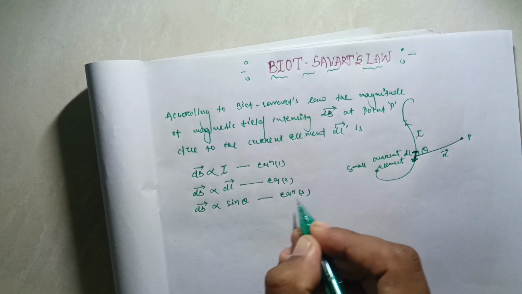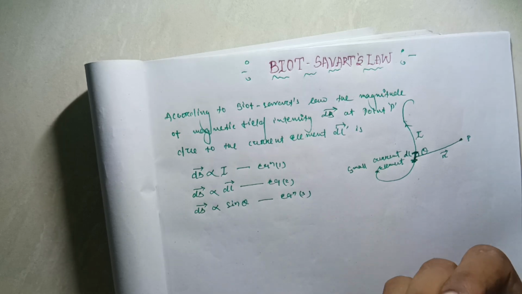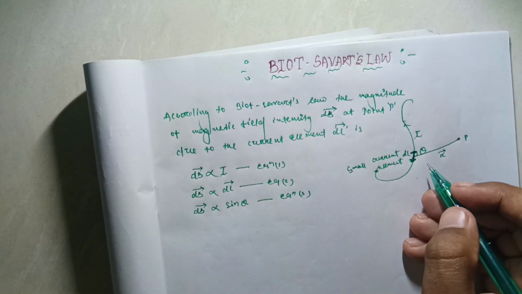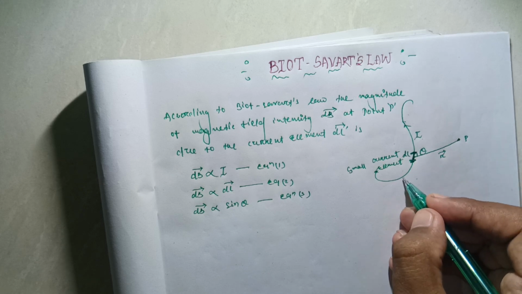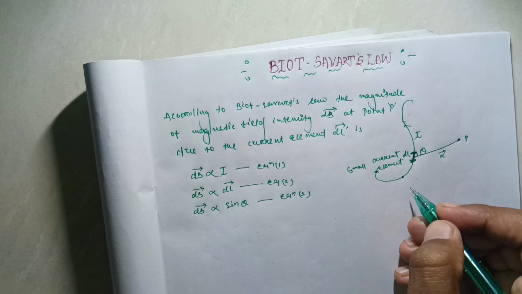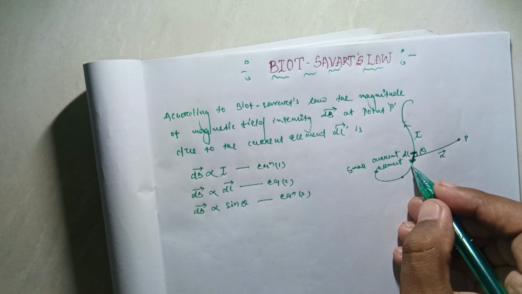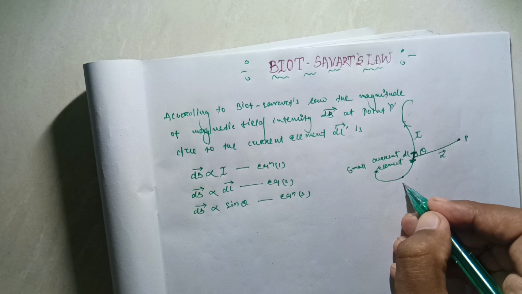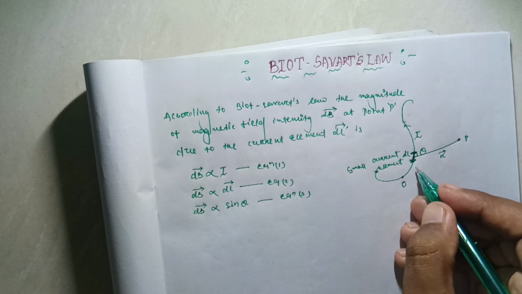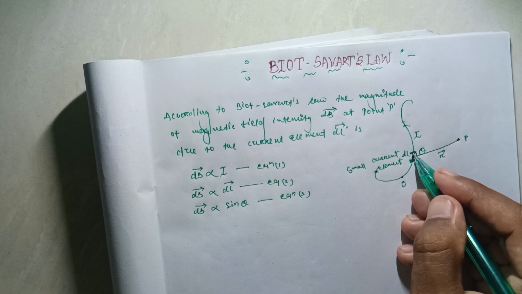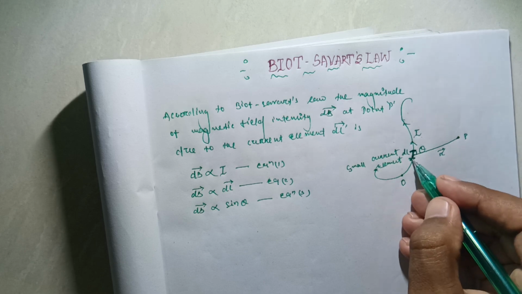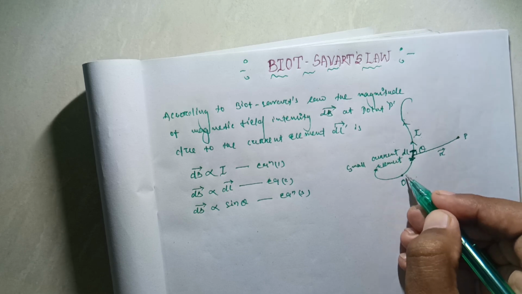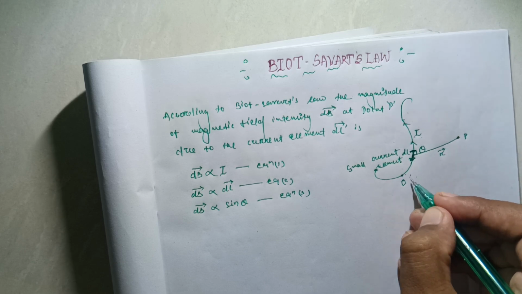And how does it come? You see, if the point P is along the line of the element, then the magnetic field intensity will be 0, at 180 degrees, right?